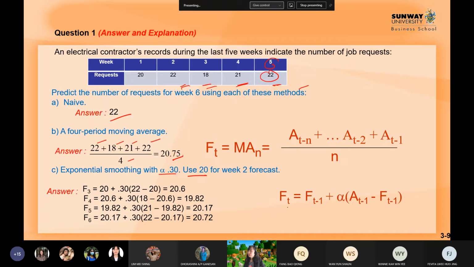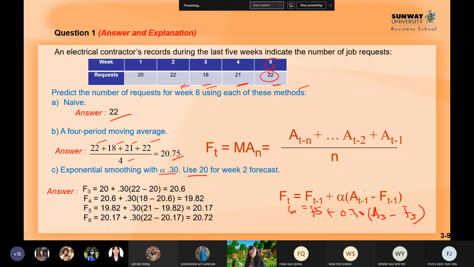To calculate week 6, you take the week 5 forecast plus 0.30 times the actual week 5 minus forecast week 5. Okay? But you need the previous data.